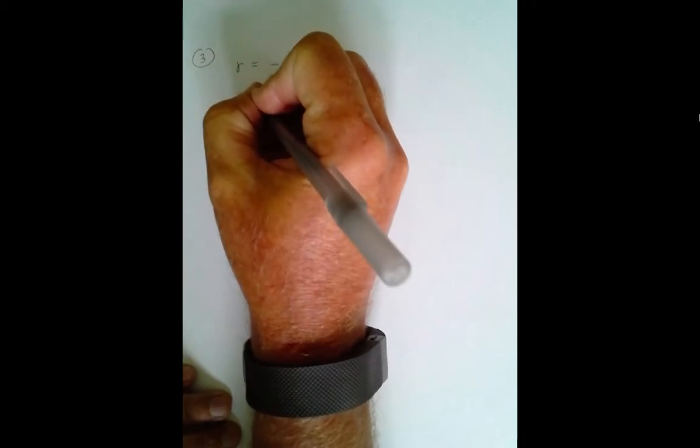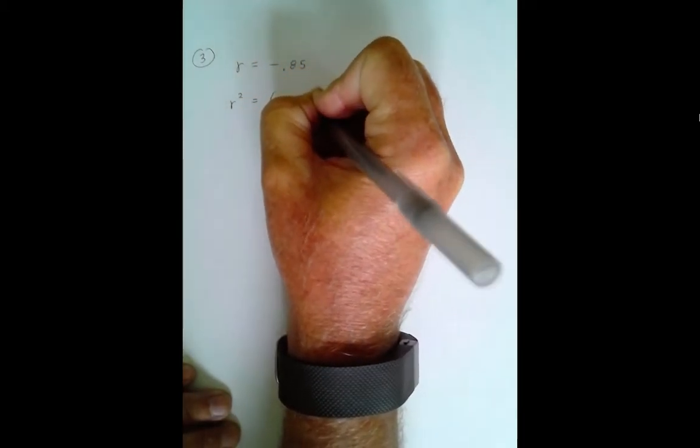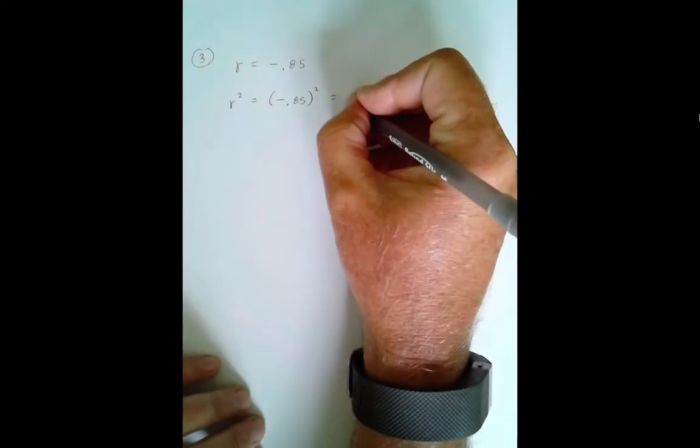So R squared is just going to be negative 0.85 quantity squared. Put that in our calculator. And I get 0.7225.